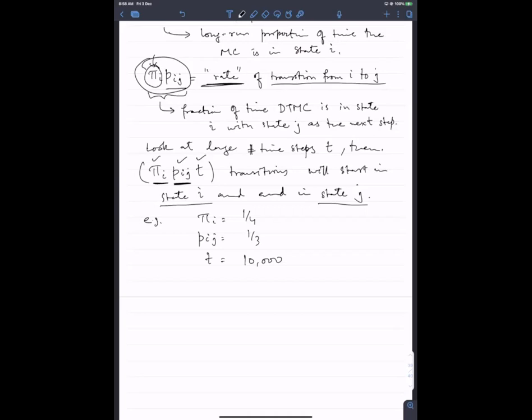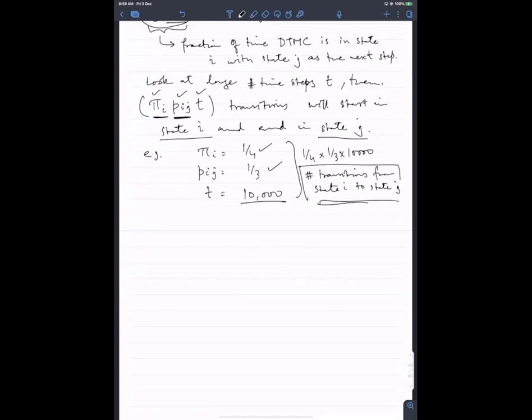So out of 10,000, 1/4 of the time you will find yourself in state I, and then you multiply it by 1/3, and that will be the number of transitions out of these 10,000, number of transitions from state I to state J. So if this is the number of transitions from state I to state J in this time, which implies that pi I Pij, if we divide it by time, is the rate of flow from state I to state J.